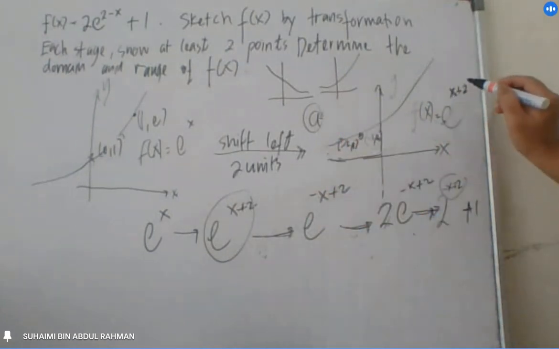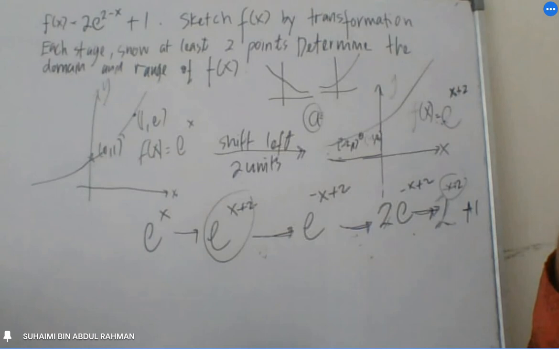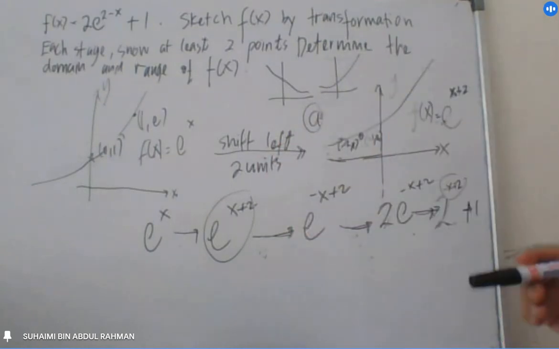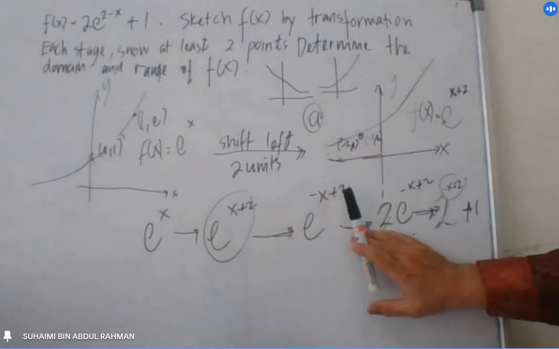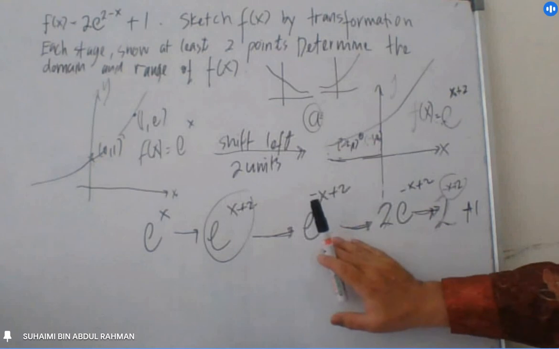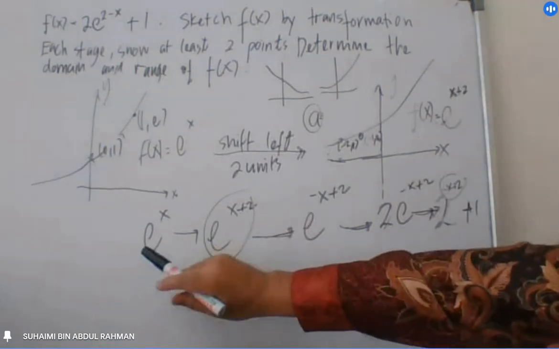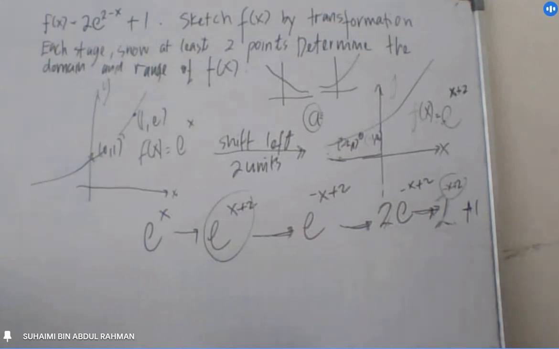Now at this stage, you're supposed to get the last one. Remember that the process of transformation is like the process that in science they call evolution. We transform, and then get this.